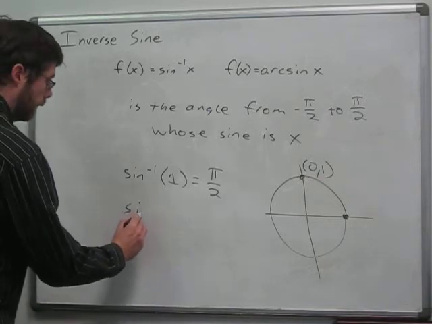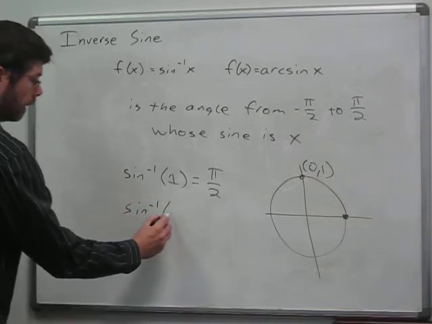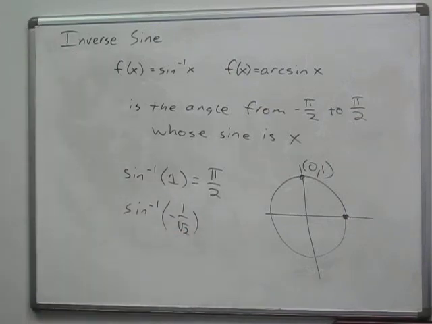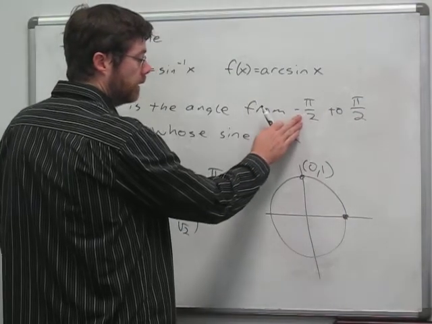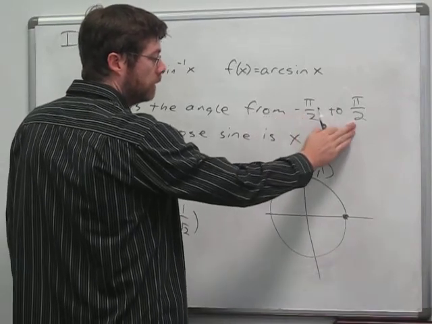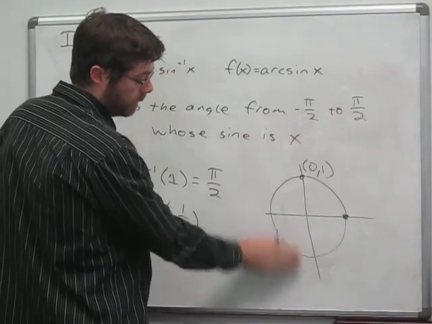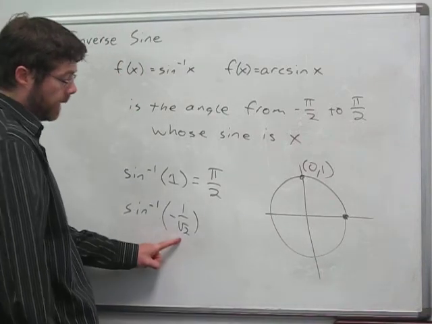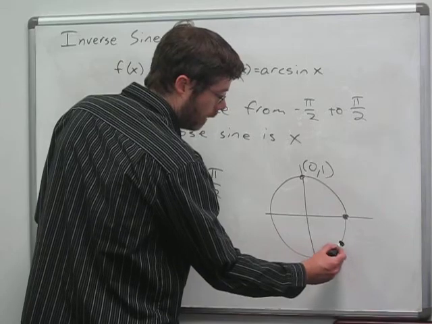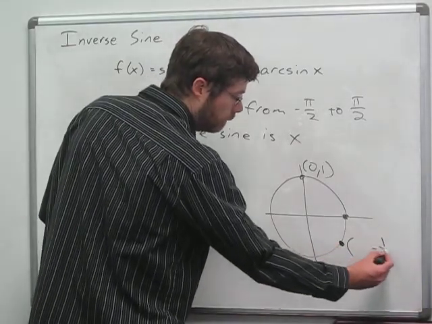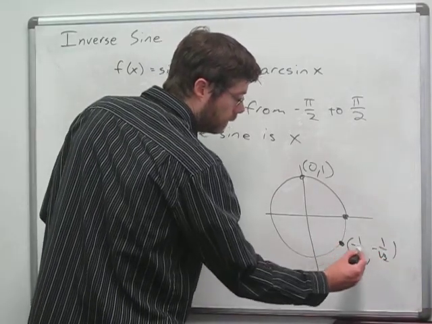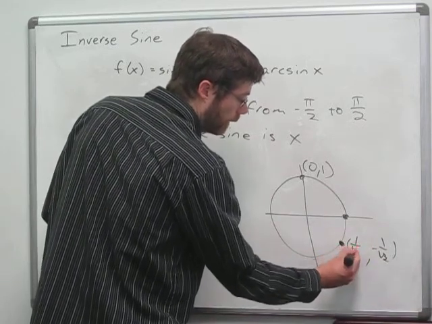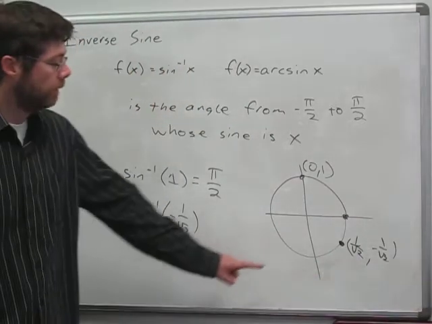What about the sine inverse of -1 over radical 2? Right? Well, again, I'm only allowed to consider angles from -pi/2 to pi/2, so I'm not even going to consider the left side of this unit circle at all. Sine has a value of -1 over radical 2 down here, right, at +1 over radical 2, -1 over radical 2.